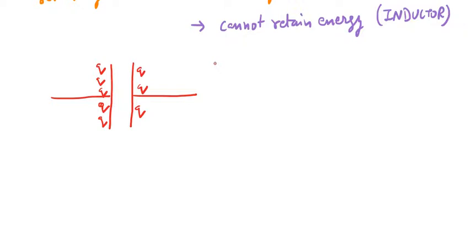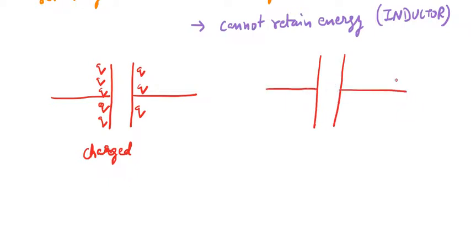And when the capacitor is discharging, then the equalization of charge takes place. That means equal charges on the two parallel plates.